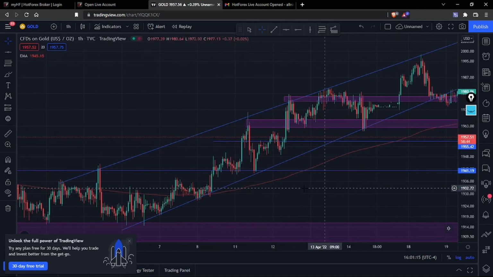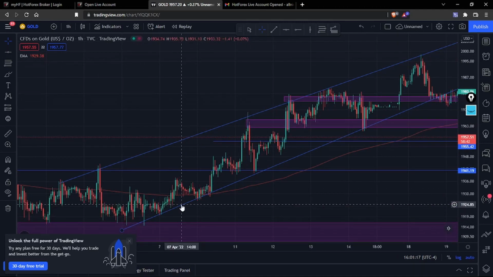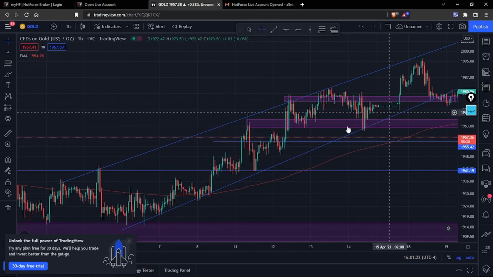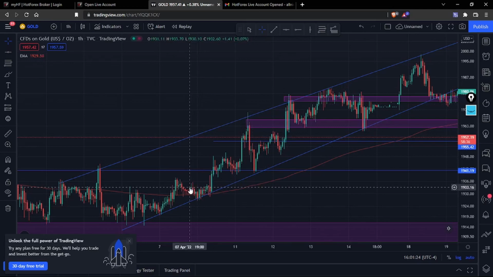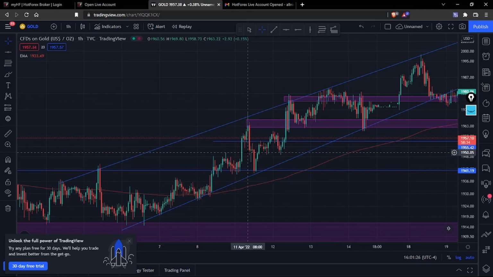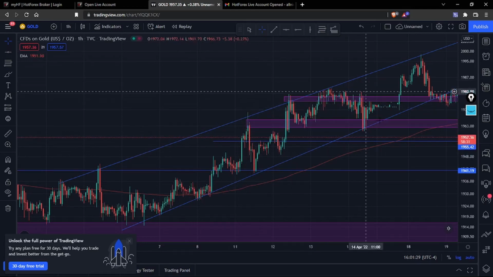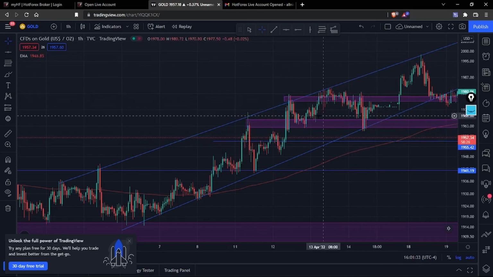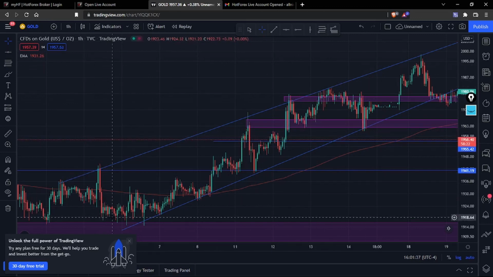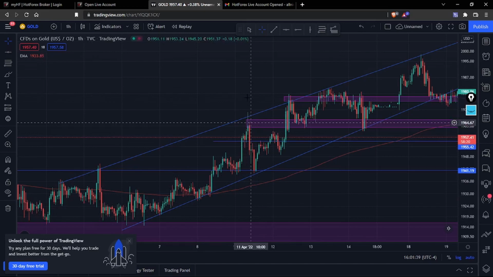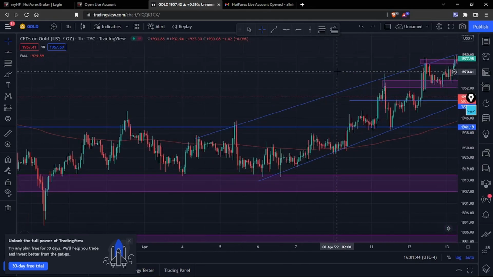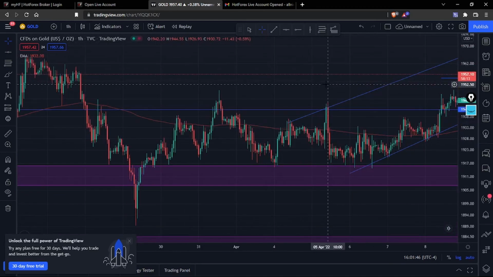And what I've done is connected the lows with a diagonal line, and that gave me a sense of where the market would be coming to if it chooses to come back down or rebound off of the top trend line as well. So it's showing where it's coming from as well as where it's going to, or where it potentially might go in the future. So that's how we mark up an upward trend line.